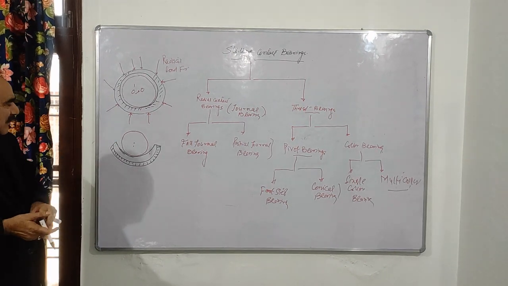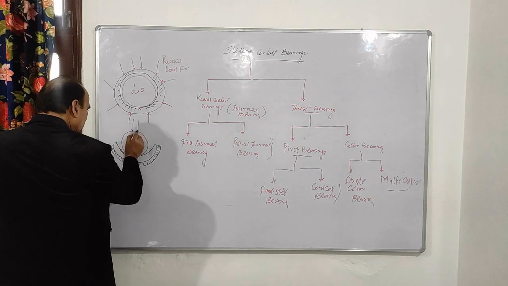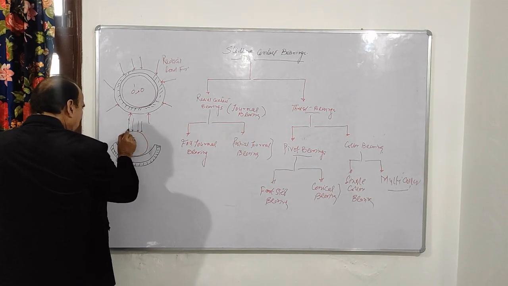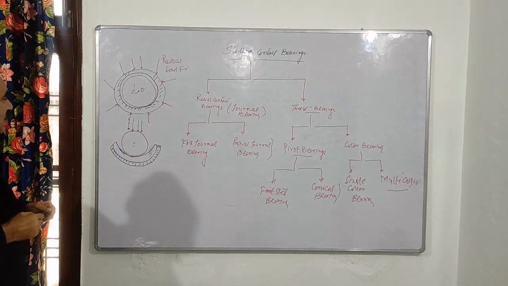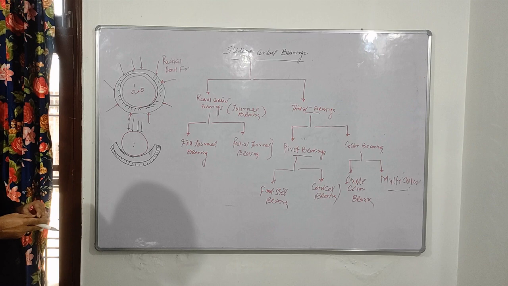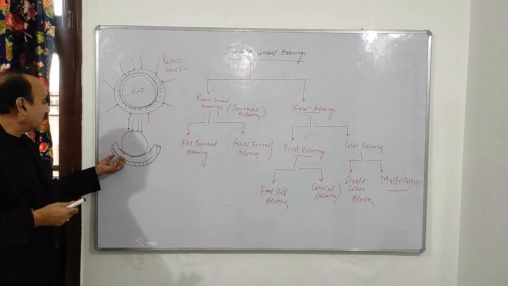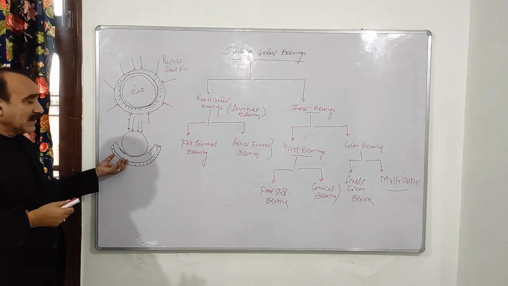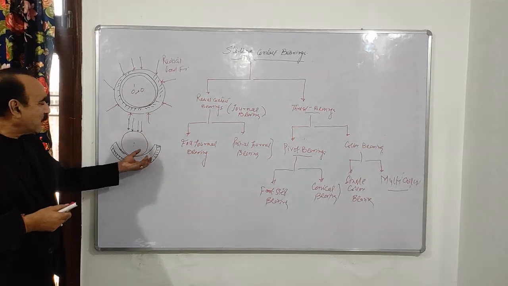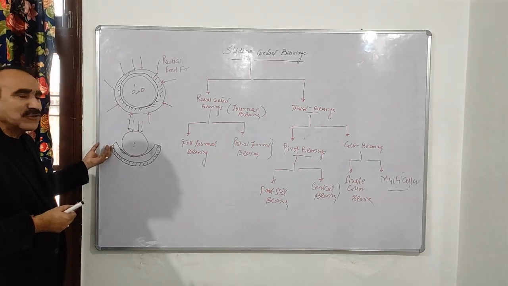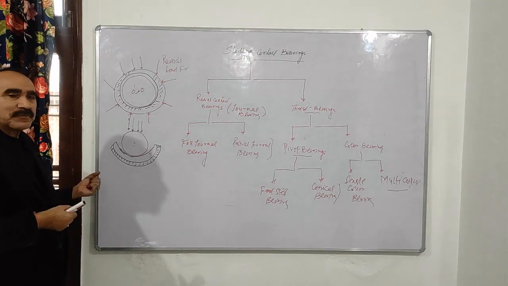And in this case, only the radial load in one direction will act, because there is only the protection toward this side. There is no protection this side, there is no protection this side. So this is the partial protection, you can say. So this type of journal bearing is called the partial journal bearing.